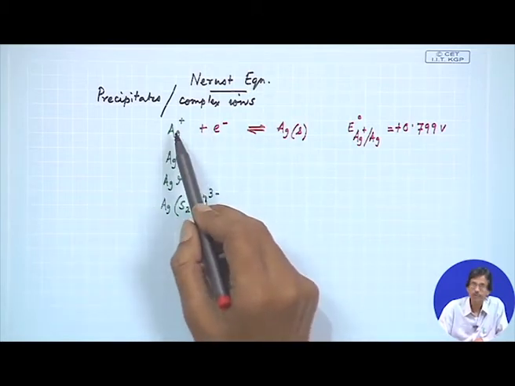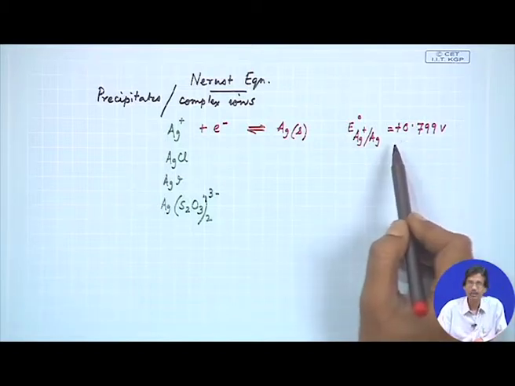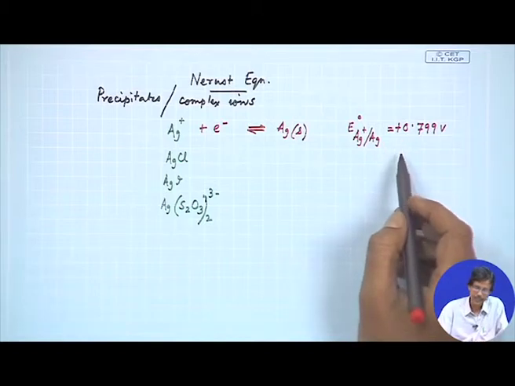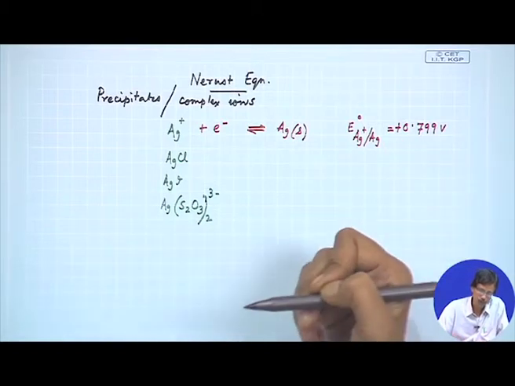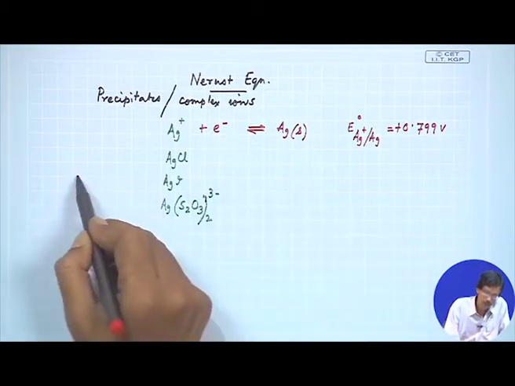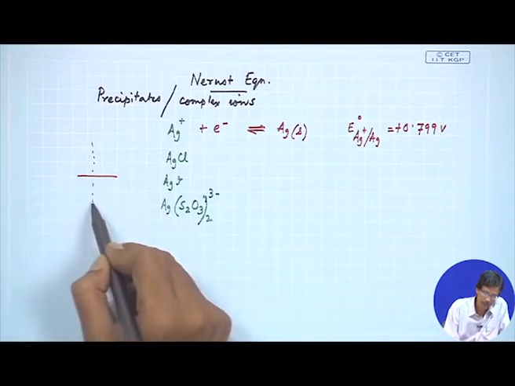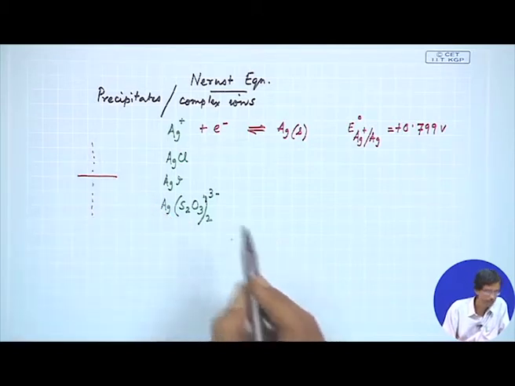So, it is a very good oxidizing agent, because the positive values of the potential we know with respect to the standard hydrogen electrode, we can measure this, and the oxidizing agent will be above hydrogen, and below we have the reducing agents.